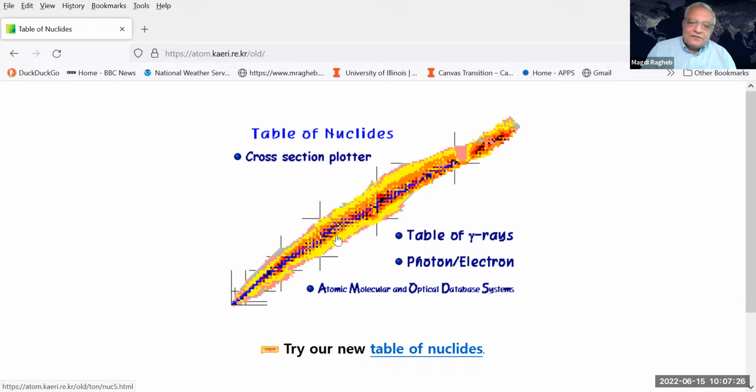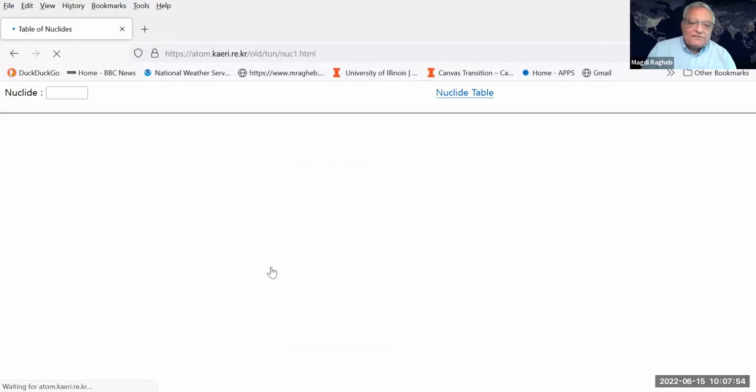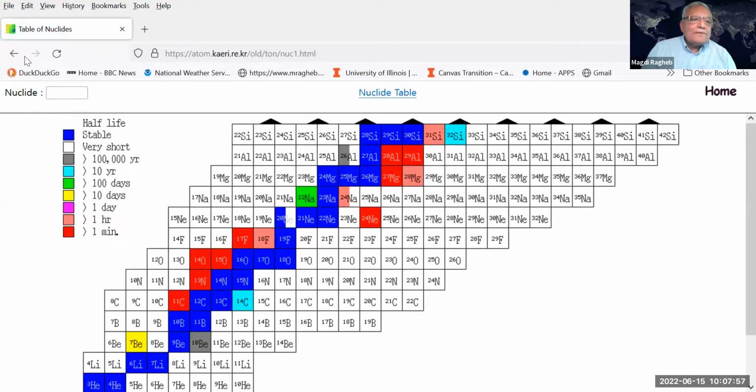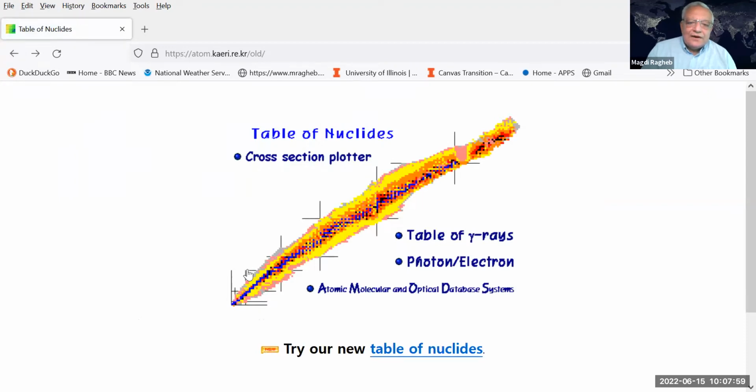But then on that side of the blue line here, which is a stability line for the nuclides in nature, you'll find that there are many other isotopes of these elements. And when you come to the right side, obviously, you have a larger number of neutrons in the nucleus than the number of protons. Notice here that if N is equal to Z, N is the number of neutrons on the x-axis, Z is the number of protons on the y-axis.